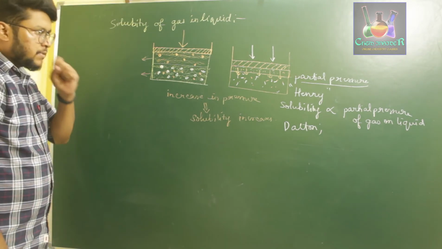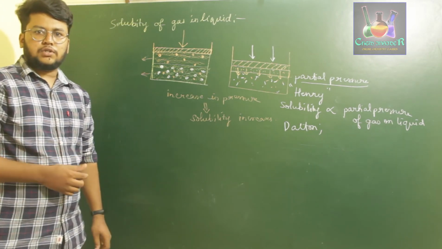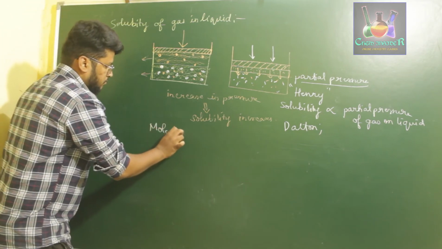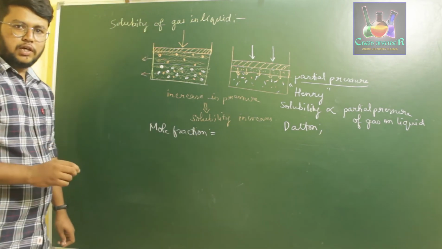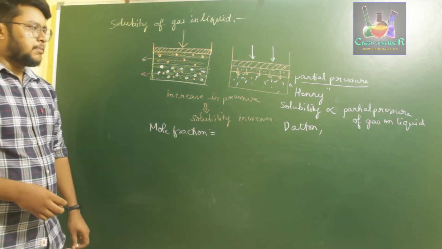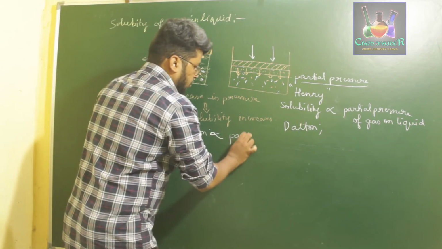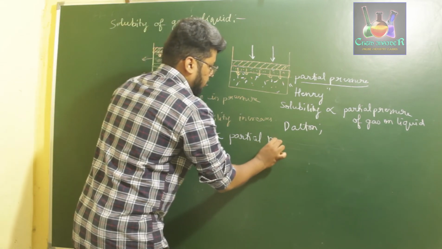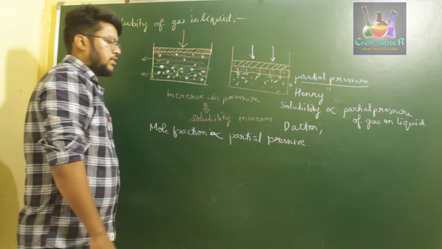He said that instead of taking solubility, if you consider mole fraction to express the concentration of the solute, then the mole fraction of the gas present on the top of the liquid layer is directly proportional to the partial pressure of the gas on the liquid.